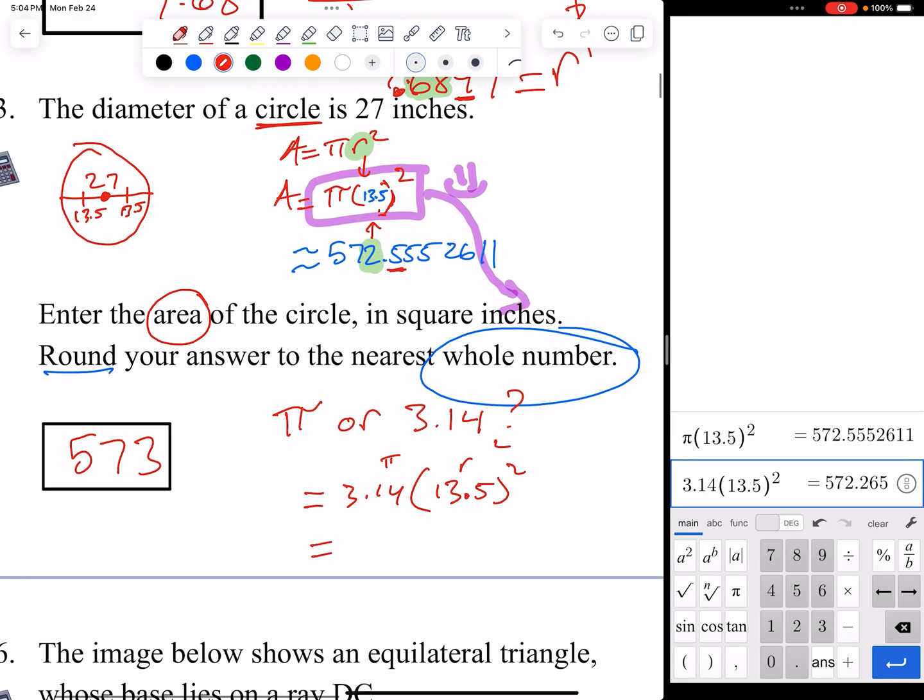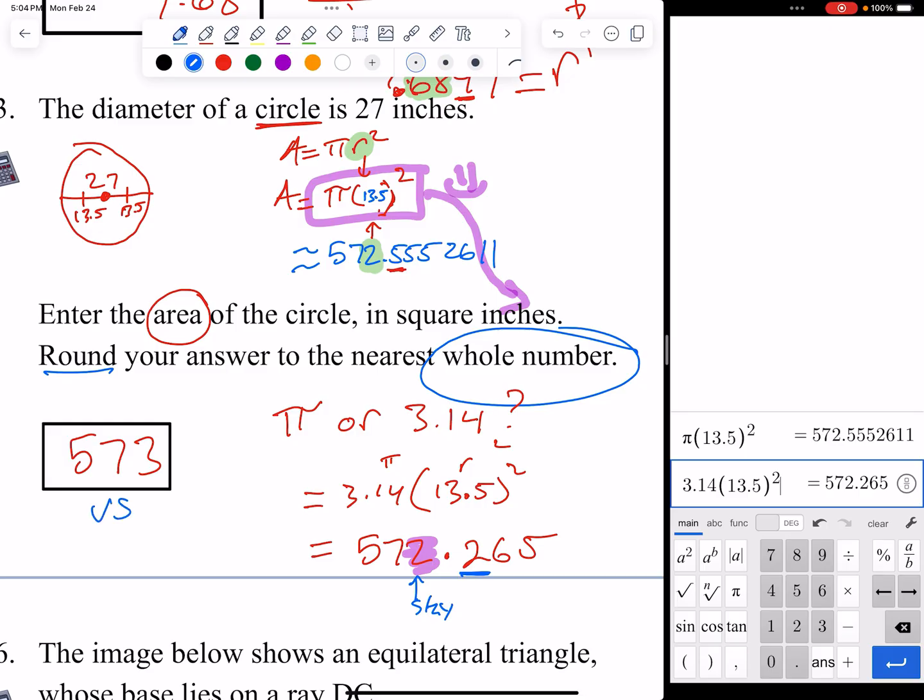And now my answer is 572.265. So if I round to the nearest whole number, guess what happened? Can you see already? My next digit or decimal place is a 2. Notice how that is smaller than 5, so that would stay.